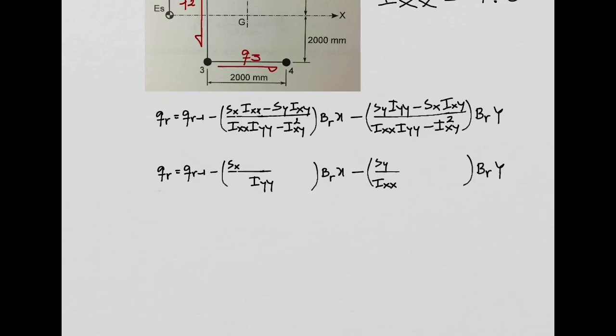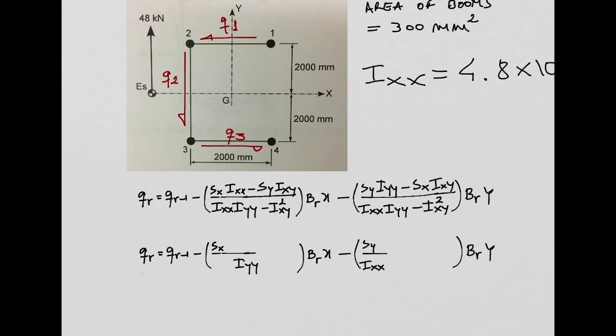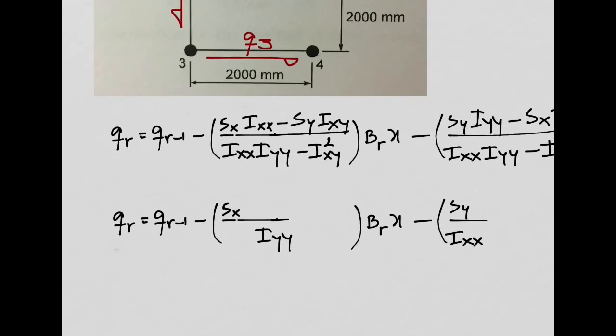Now we can look to the transverse shear forces. I only have this transverse shear force, which is my Sy, my transverse shear force in the y direction. You agree with me? So Sx is equal to 0. So this term is going to be equal to 0.